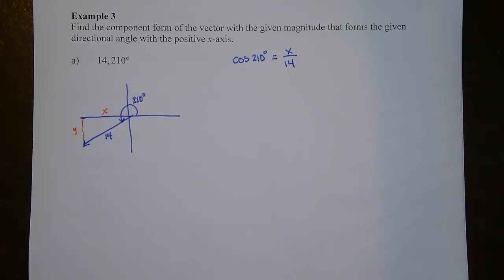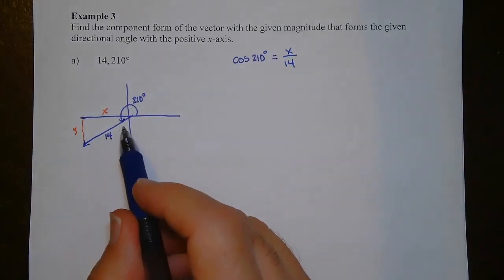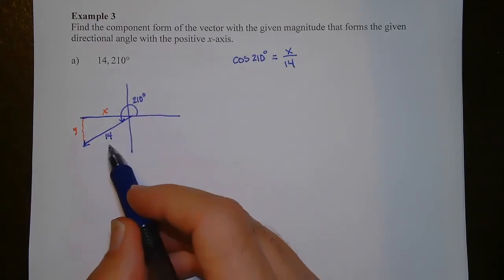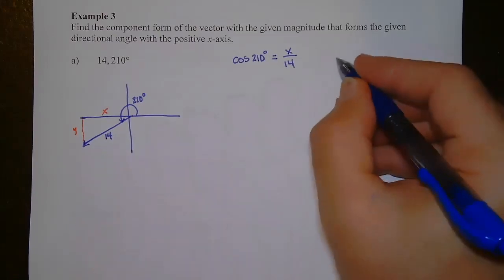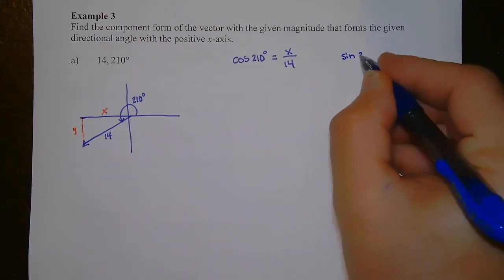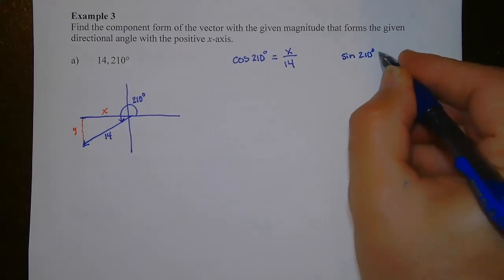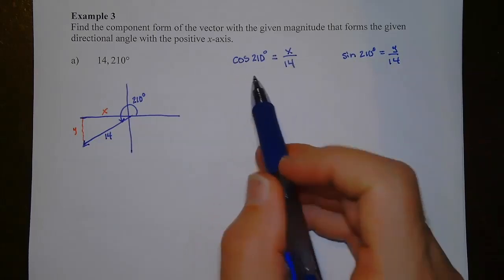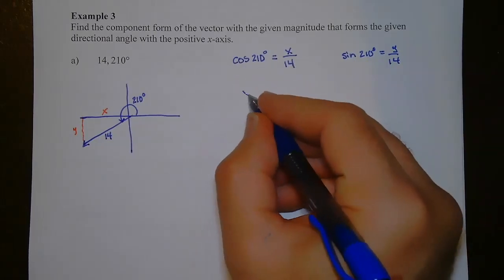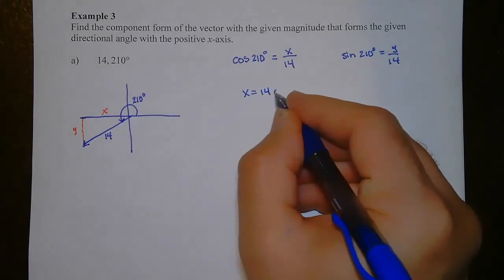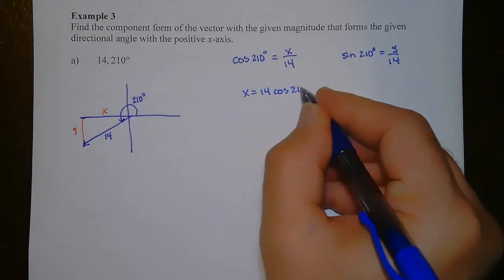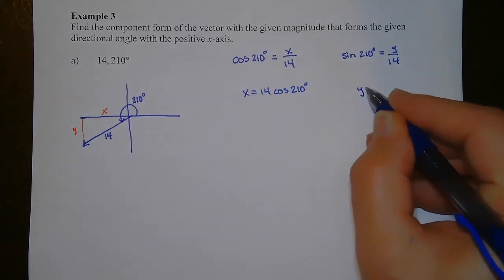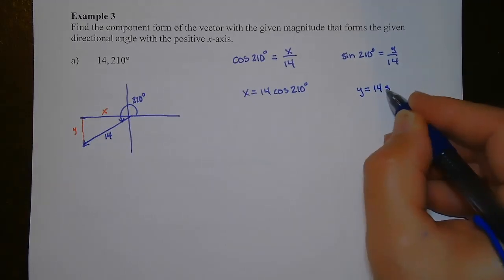And for the Y, the definition of sine of the angle of rotation is Y over R, so sine of 210 degrees is equal to Y over 14. Multiplying both sides by 14, X is equal to 14 cosine of 210 degrees, and Y is equal to 14 sine of 210 degrees.